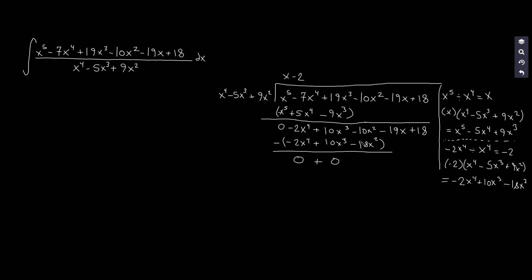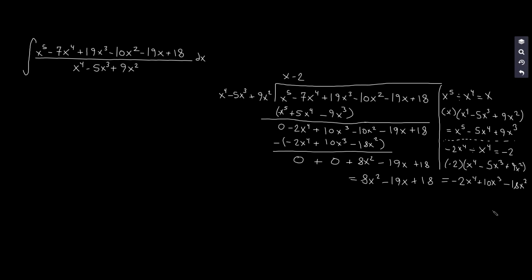And this is going to be plus 18, so this is going to be plus 8x squared minus 19x plus 18. So we got 8x squared minus 19x plus 18.